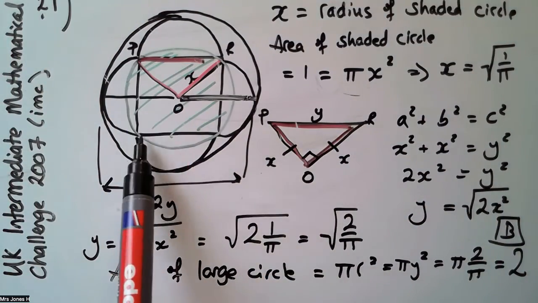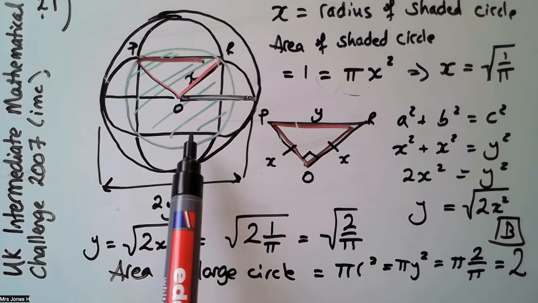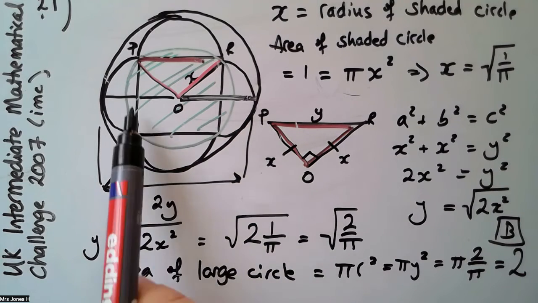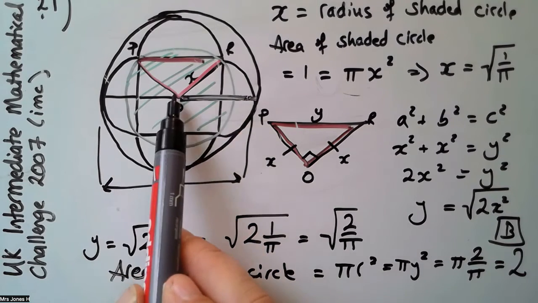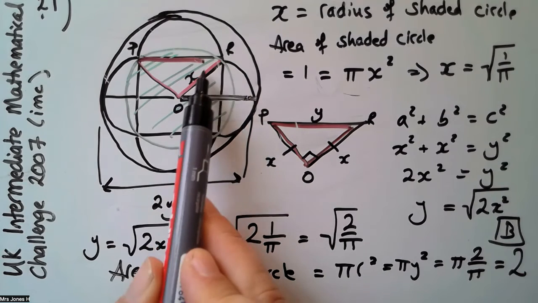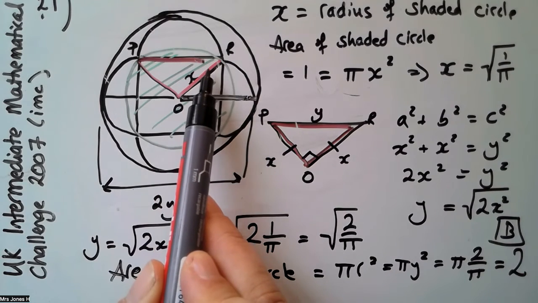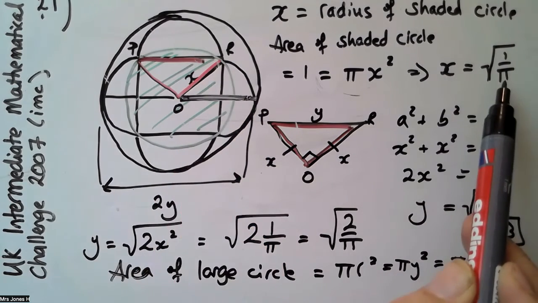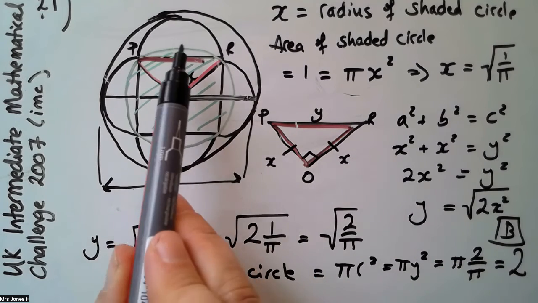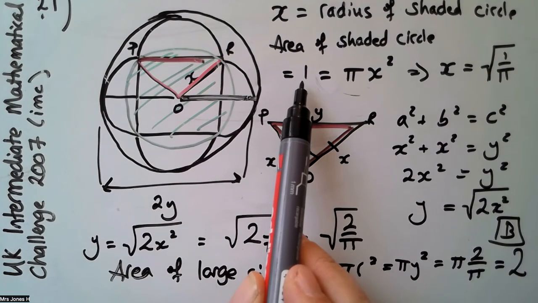I think the key is drawing that square in to start with, the square that's not actually on that diagram. We drew a square. This gave us the ability to see that this length here was the radius of our small circle. We've got a formula for the small circle, knowing that its area was 1.